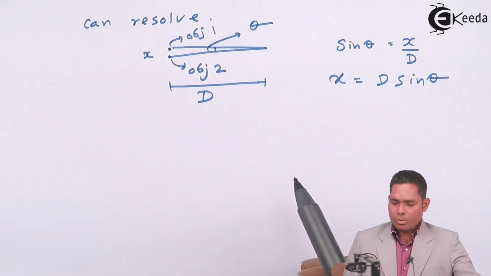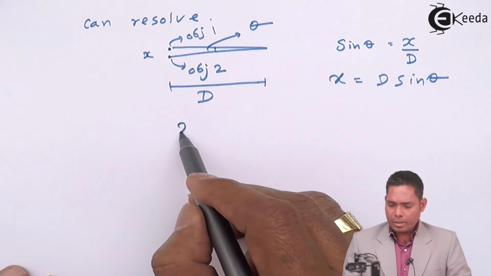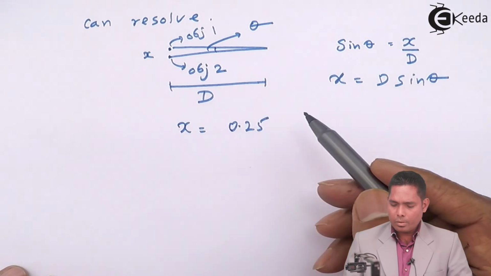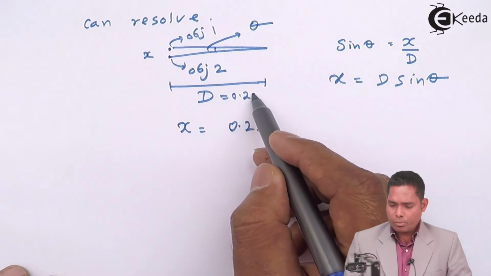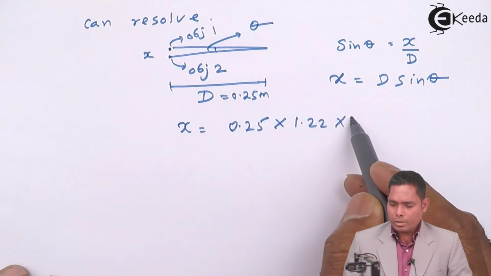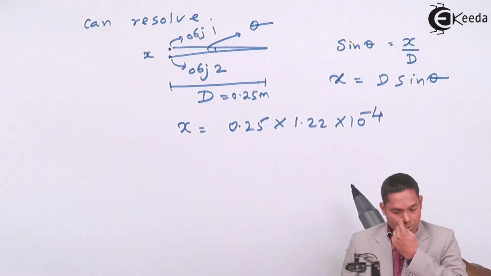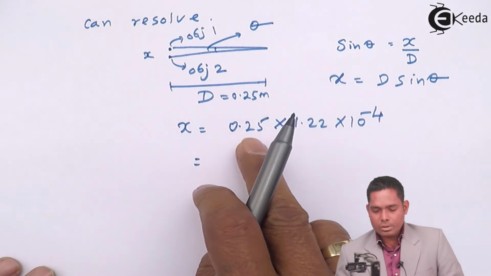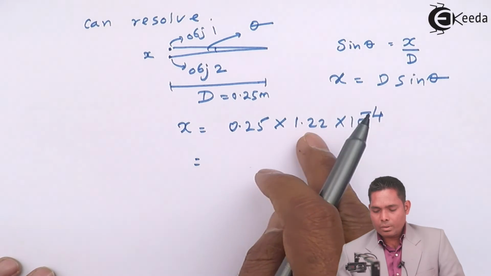So I'll multiply that. So x becomes D, which is 0.25 meter, into the sine theta, which is 1.22 into 10 to the power minus 4. If you solve this, what will you get? This is 1/4 of this value.